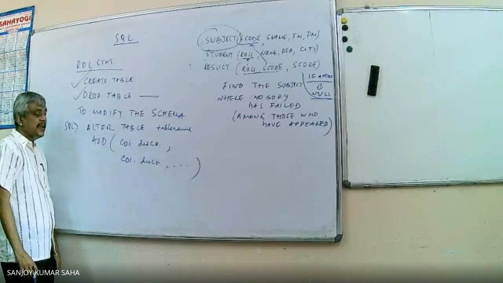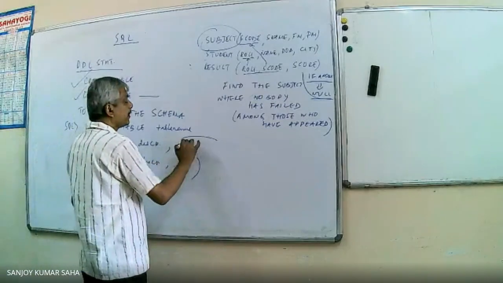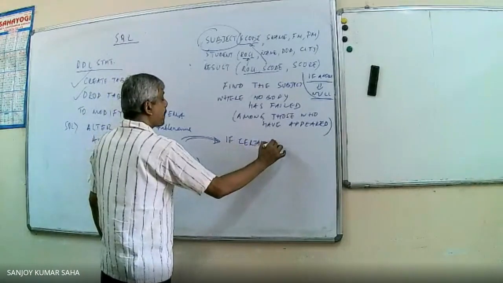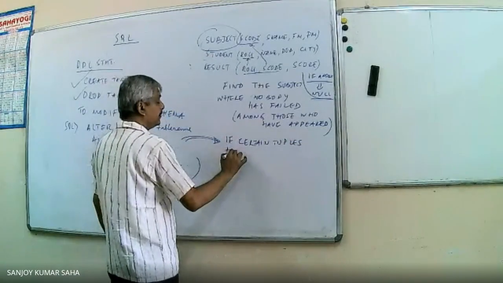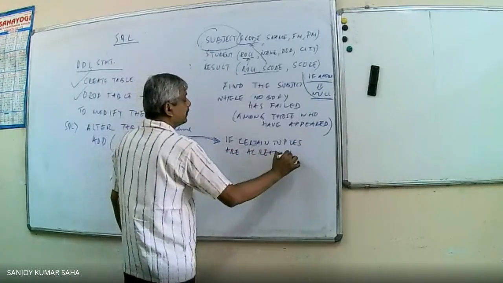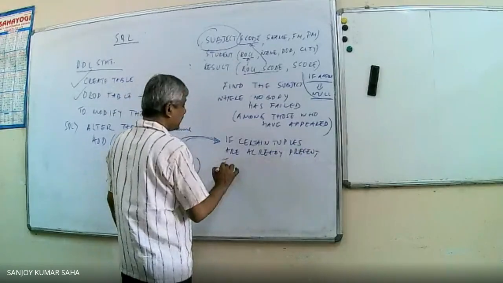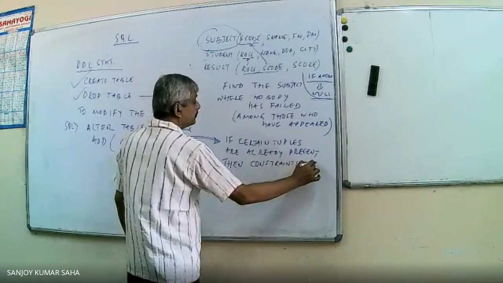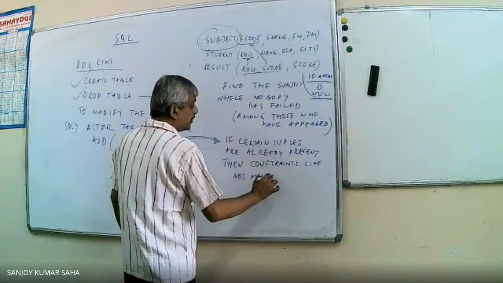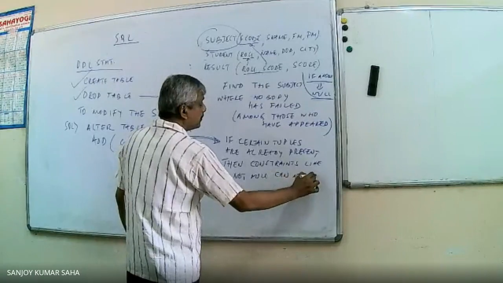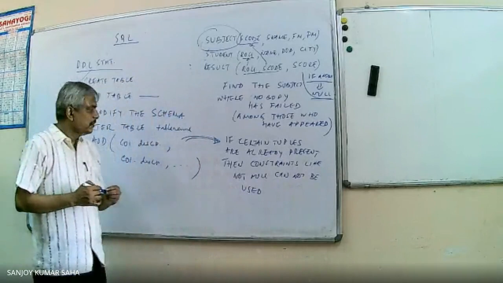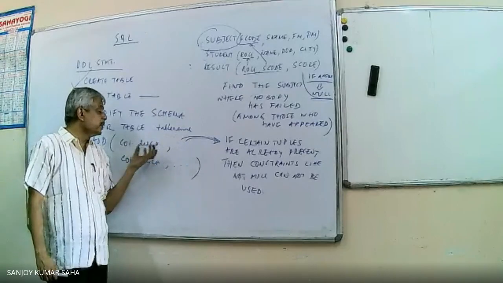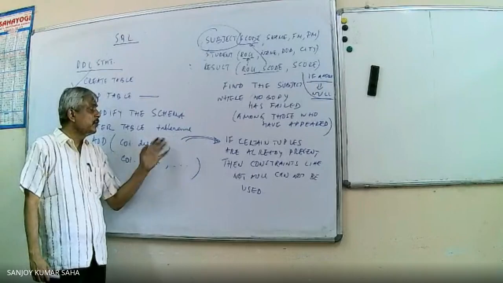So we can go on adding the columns, but mind it, if certain tables are already present, then constraints like not null cannot be used, because for the existing tuples, these newly added columns will have the null value unless we have a default.